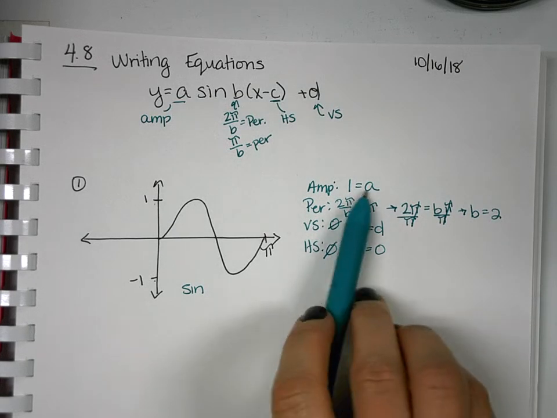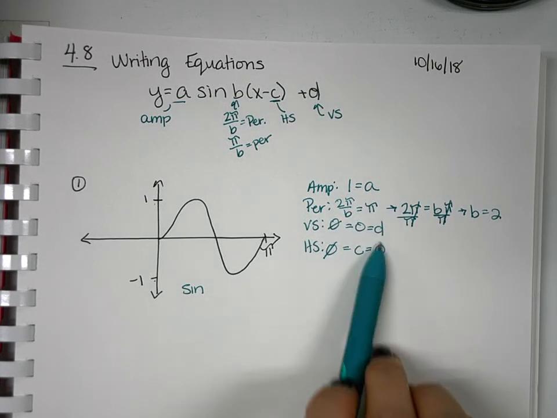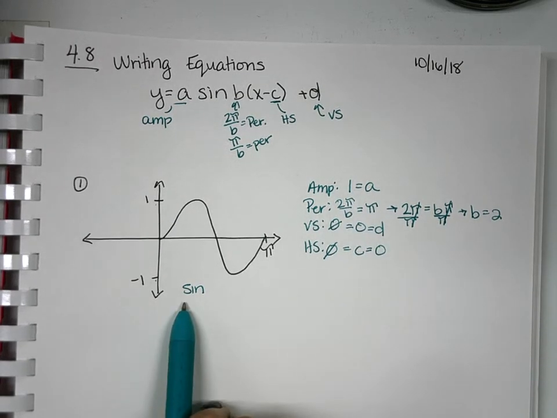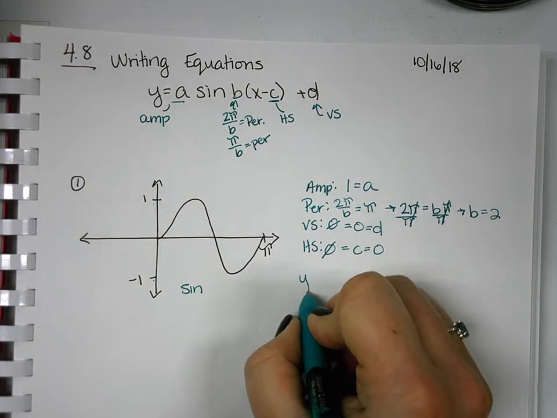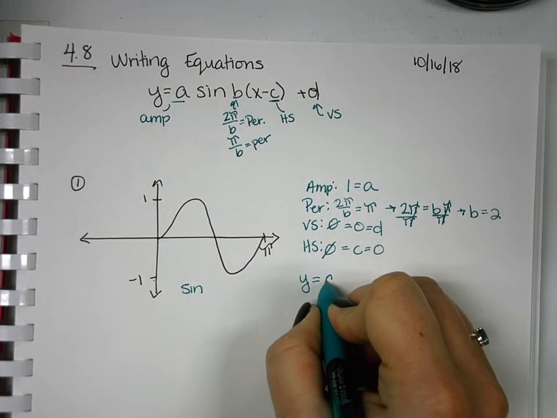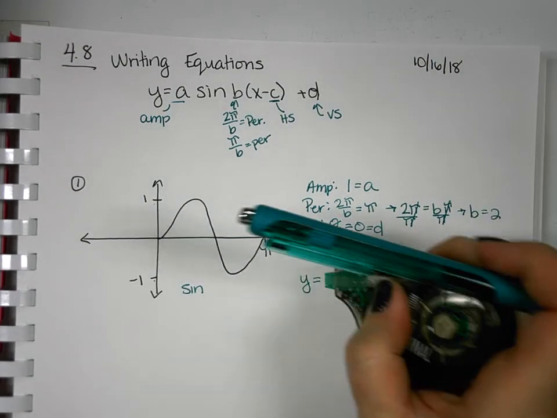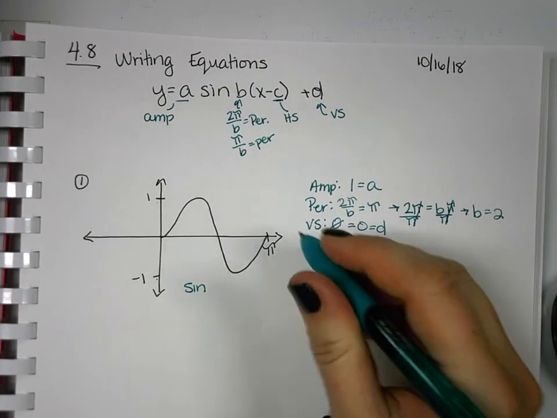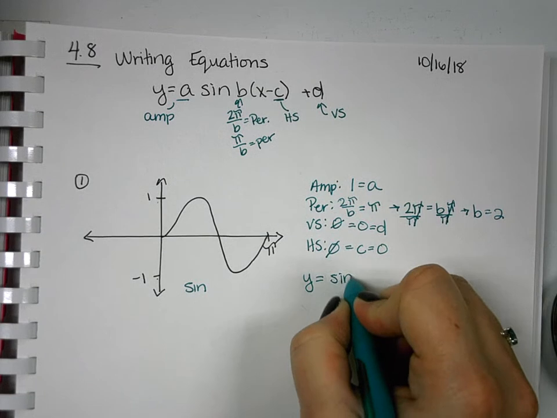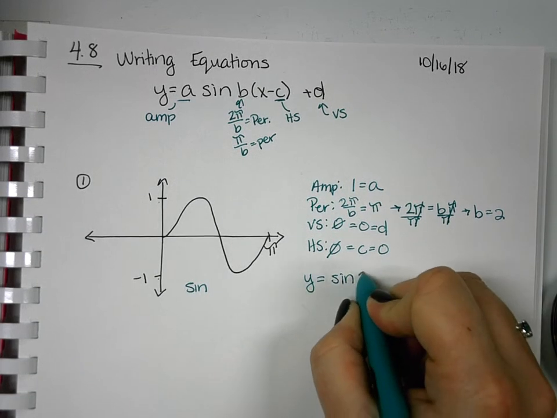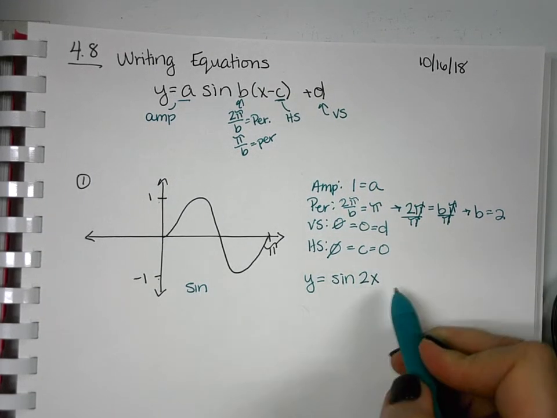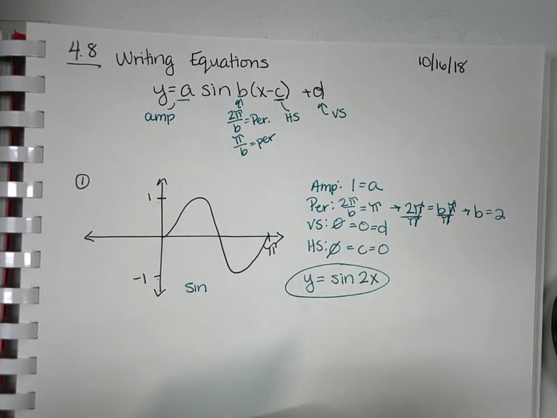So now that we have each letter, and we're saying that it's a sine graph, y equals, we don't have a number, just a 1, so sine, and then our B, 2 times x, and there was nothing being added, so that would be your equation of the graph.